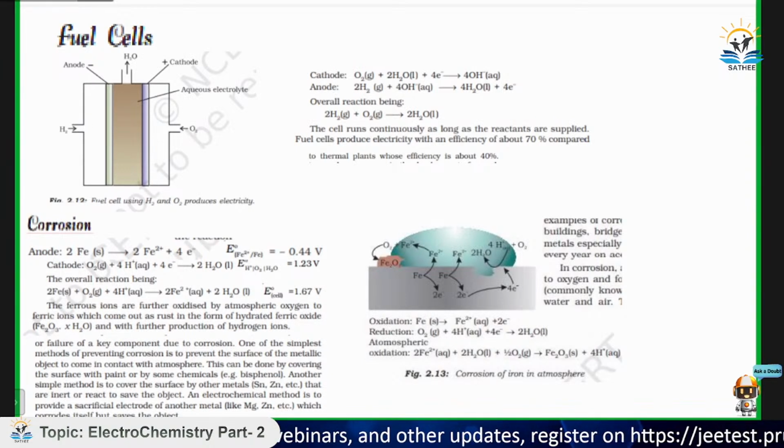Your atmosphere also oxidizes the Fe plus 2 to Fe plus 3. So you need the atmosphere for rusting.